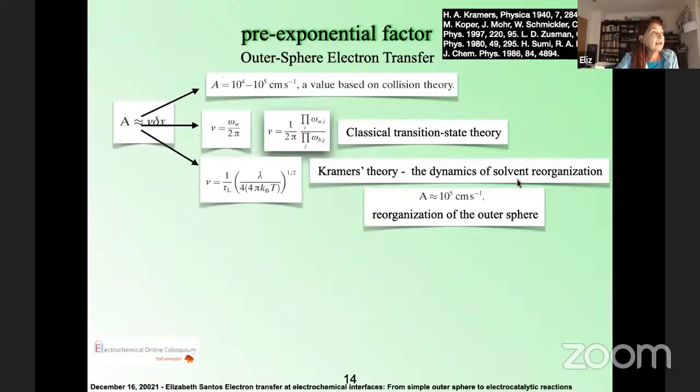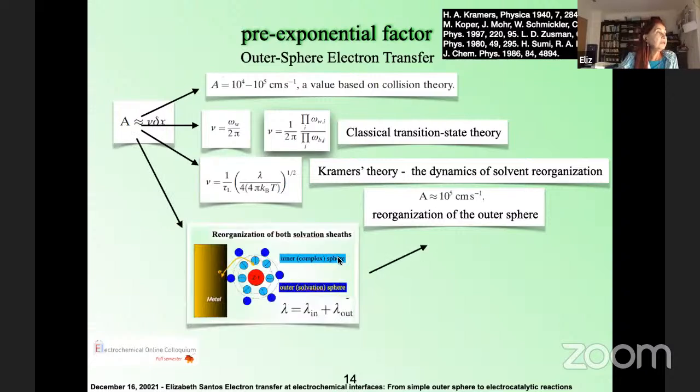We can take into account the dynamics of the solvent reorganization, for example through Kramers theory. But in most cases, the term that multiplies the others is almost 1. Then we obtain a pre-exponential factor of almost the same order of magnitude as the original proposals by Marcus.